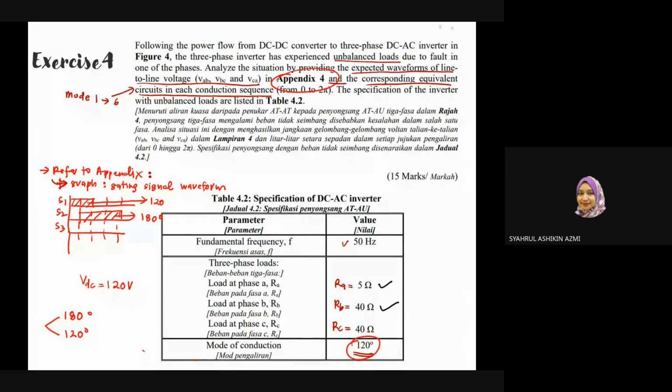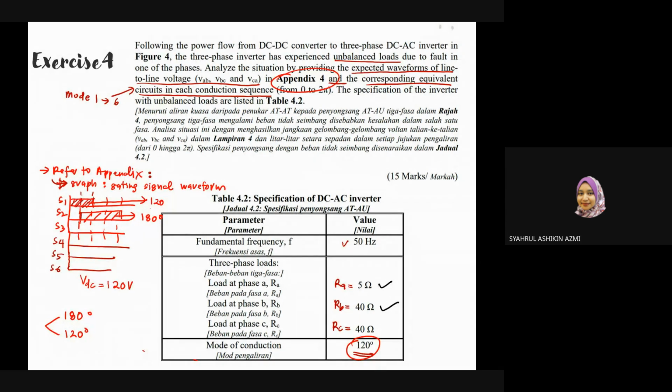So where we have the graph, in this graph you will have the gating signal waveform. So again, let's say you have this one over here, all the waveforms here for the switches. Look at the shaded upper area for each of the switches. Okay, if it is shaded in two boxes, where you can see two dotted lines, this indicates 120 degree conduction.